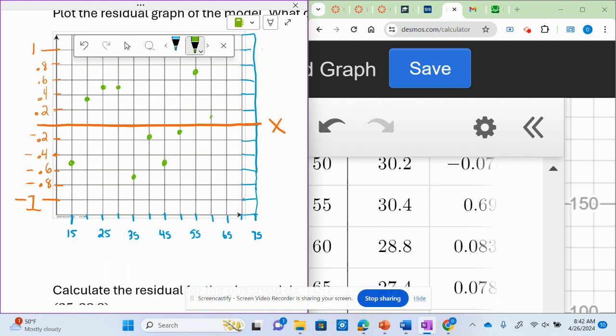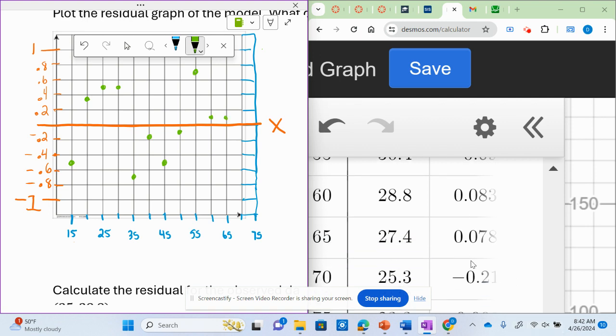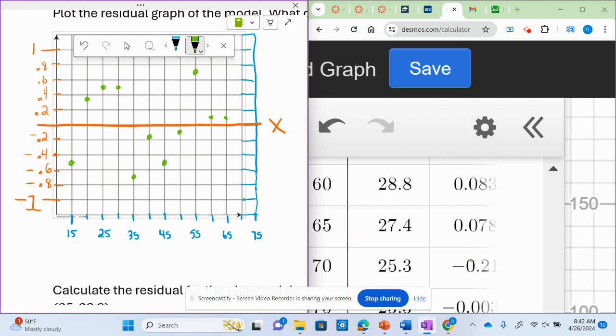I'm going to go a little under the halfway point between 0 and 0.2 on the positive side. Same thing with the 0.7 for 65. And then this negative 0.2 for 70. And the 0 for 75.